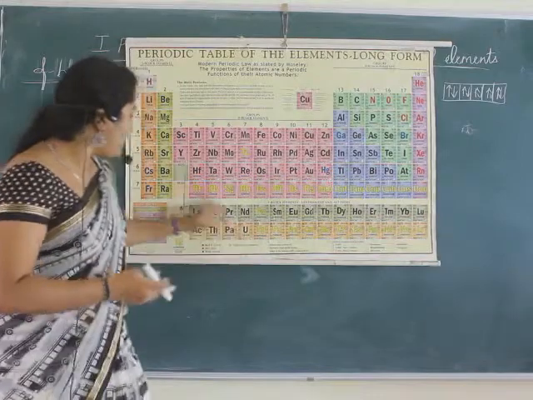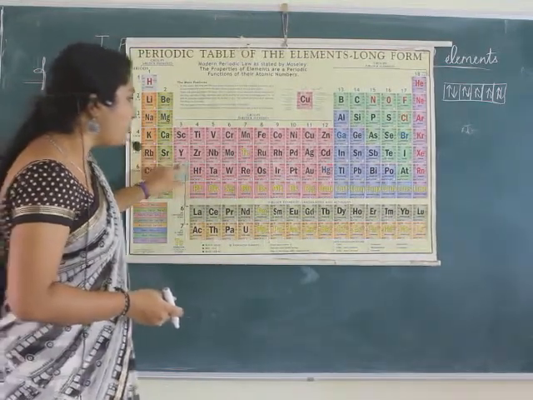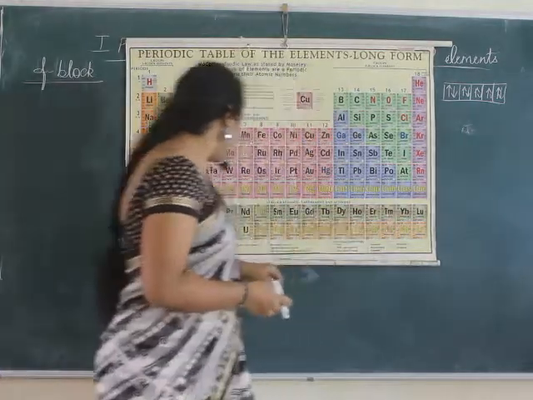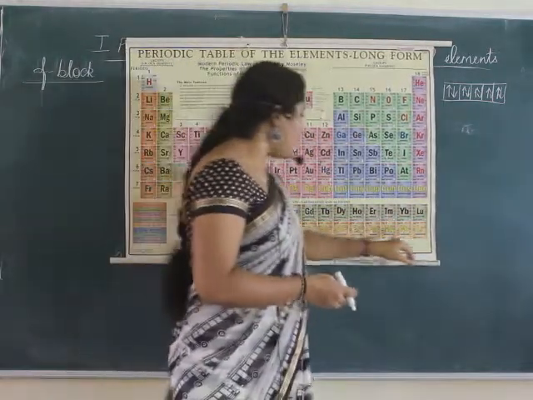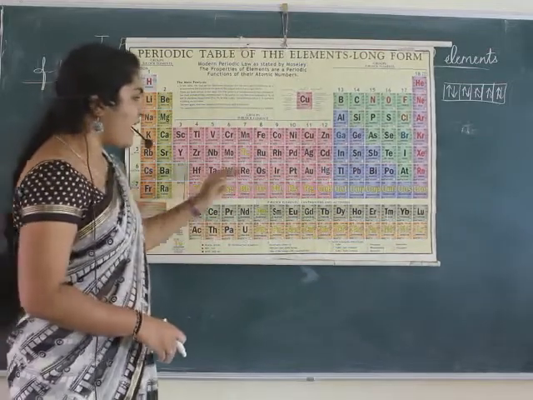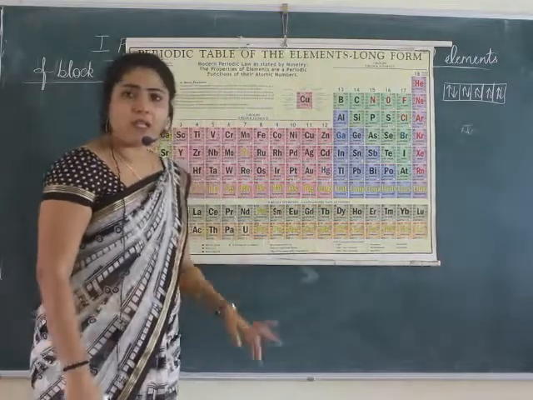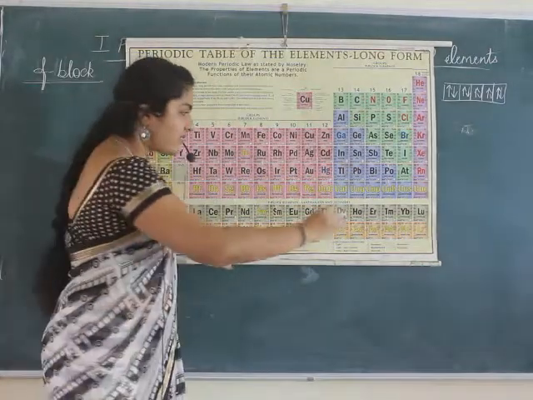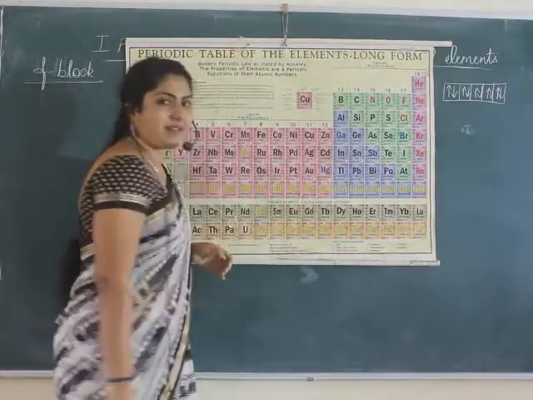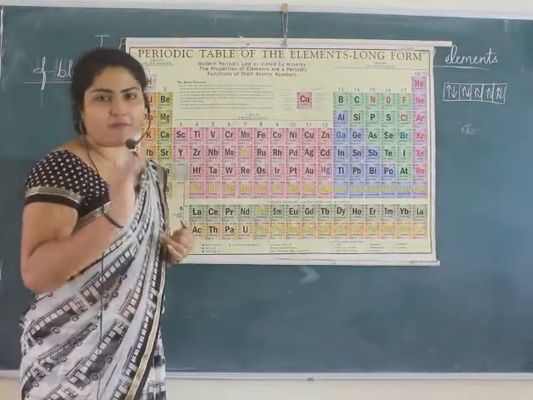Whereas here, it starts from 57 to 71 and then 89 to 103, that is, usually 58 to 71 and 90 to 103. These elements show horizontal similarity. That is why they are placed separately and are called F block elements.